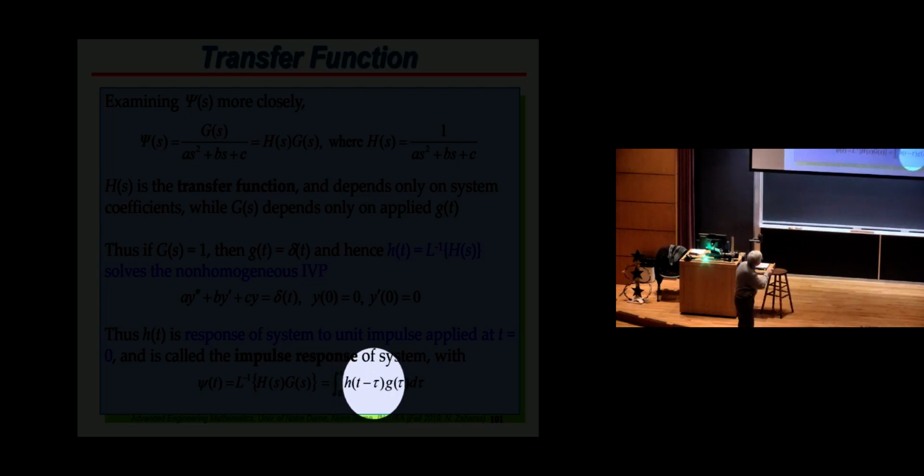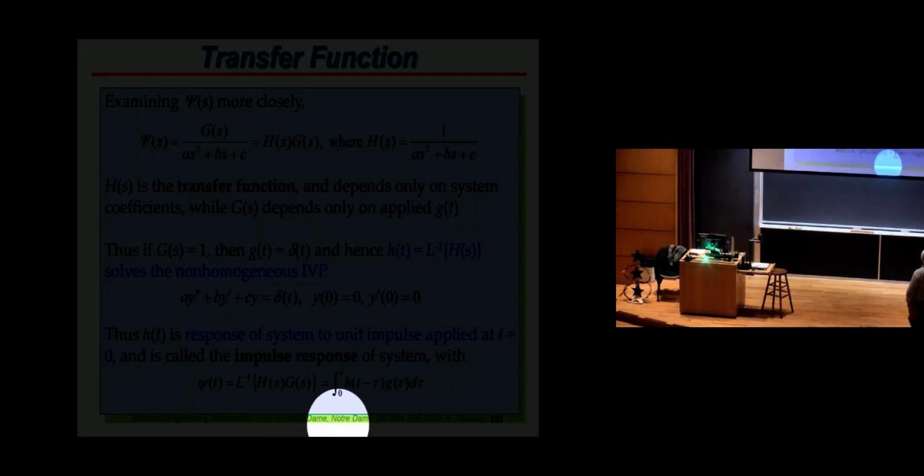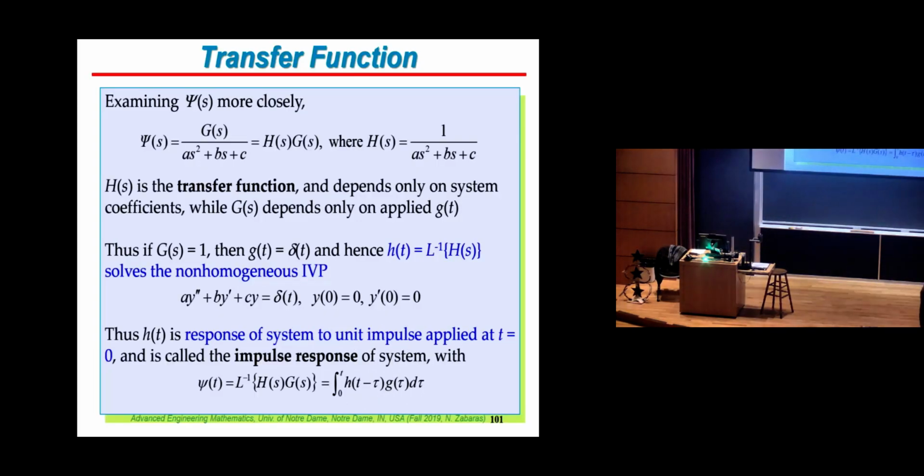If I have an impulse at tau, its effect at time t is h of t minus tau. So I am adding all of these results together, and the response at time t is this nice convolution that you see here. So this is very important.